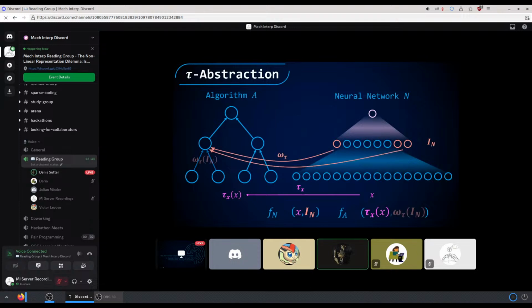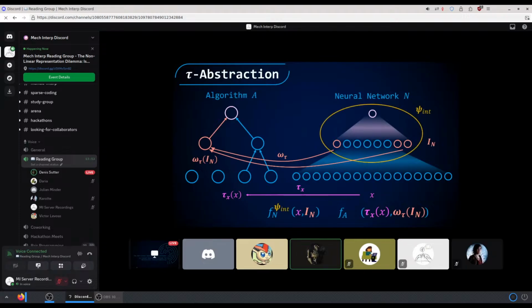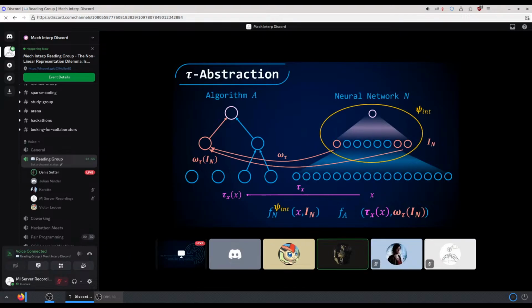We now require the existence of a function that transforms interventions on the neural network into corresponding interventions on the causal graph. Let us denote the inner node as psi int and the inner nodes of the causal graph as eta int. Finally, we require a surjective mapping tau that aligns the values of psi int with those of eta int.